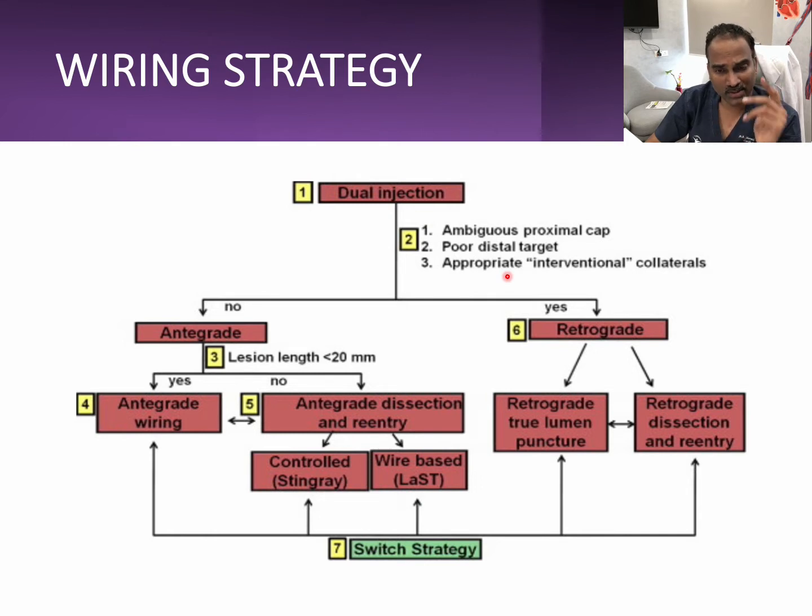So for that reason, I decided to go ahead with retrograde wiring first, and after retrograde wiring, we can start antegrade wiring using the retrograde wire as a marker. If you have enough support, it's fine, or otherwise we can do a reverse CART and complete the procedure, which I will show in subsequent slides.